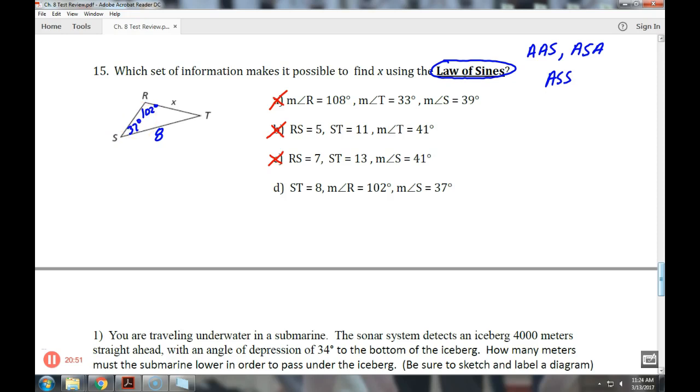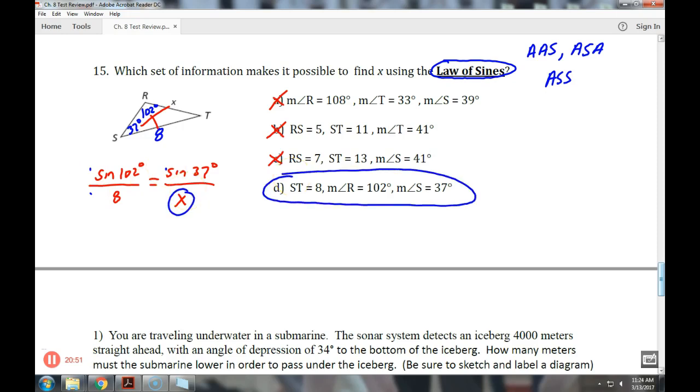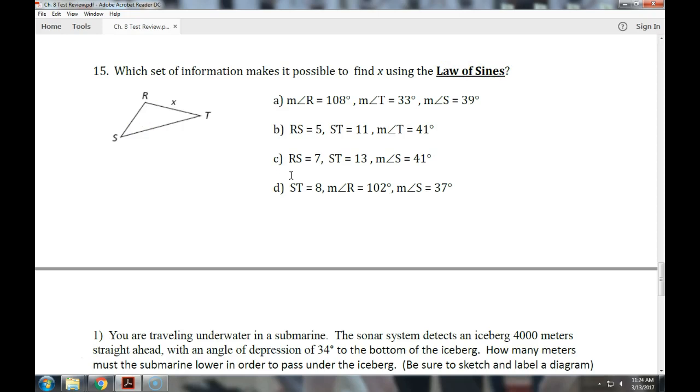Now I think I'm in business. I have a pair. You know, I could do the sine of 102 over 8, and then I go this way and I have the sine of 37 over x, and notice that I do have three pieces that I know, one that I don't know, so this could definitely be used for the law of sines. Alright, so that one was a little tricky, presented a little bit different.